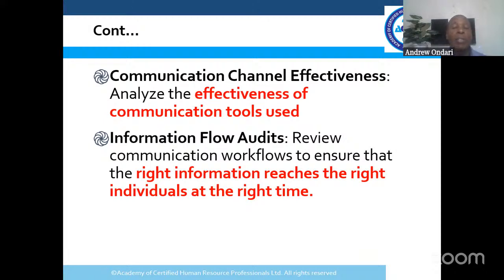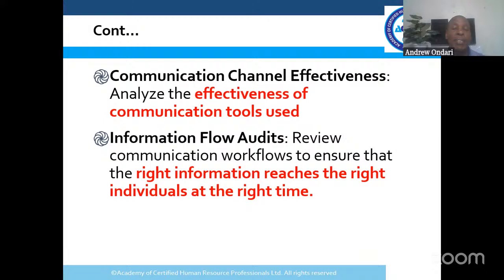For written communication, we pass messages through letters, through emails, through short messages, SMS, and also through reports and other written documents.